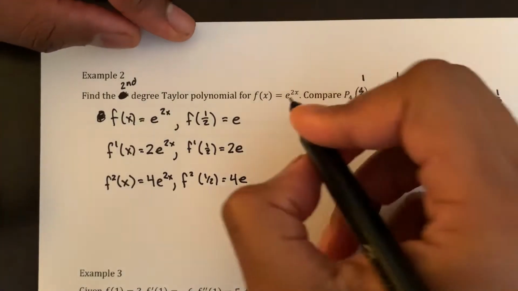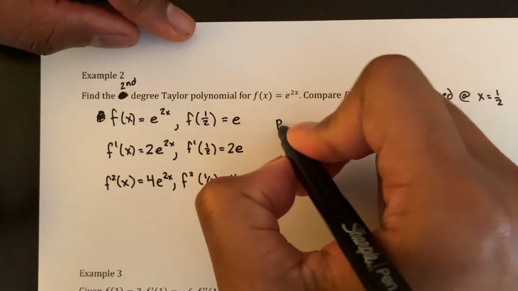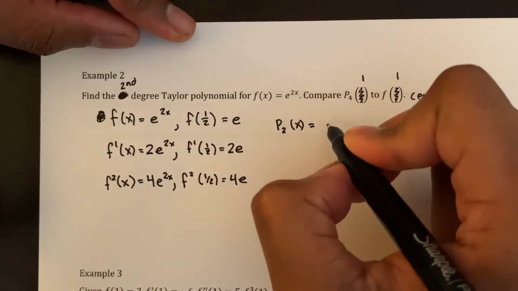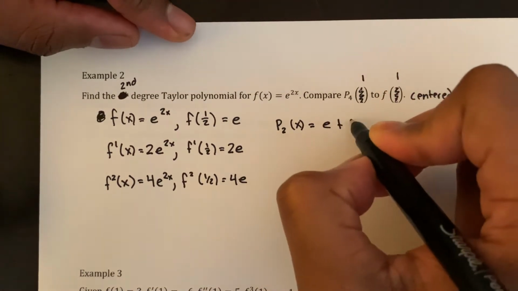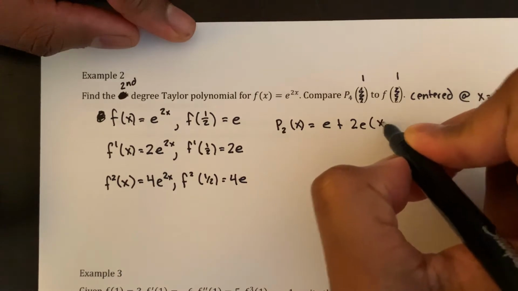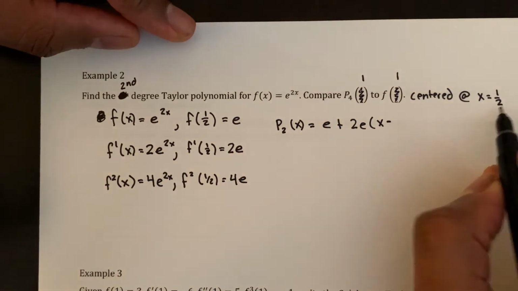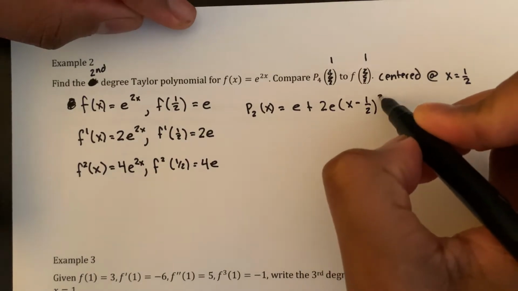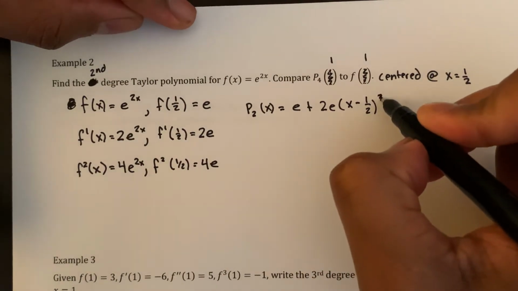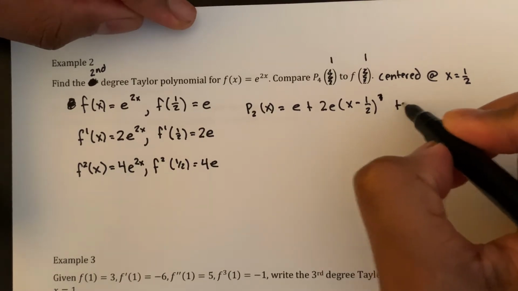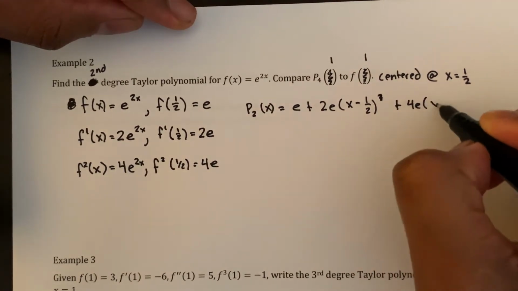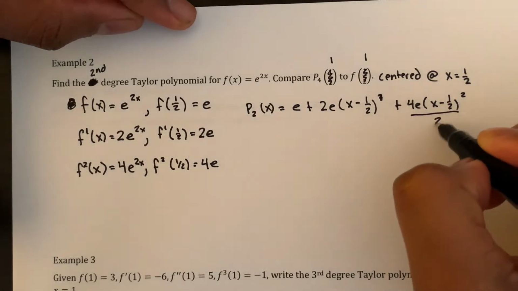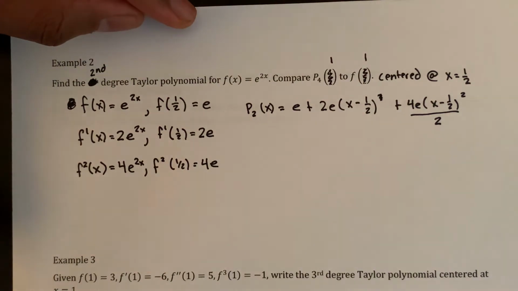So when we write our second degree Taylor polynomial, we're going to have P2 of x is equal to e plus 2e times x minus, again, x minus whatever your center value is. So x minus a half, just to the first, and then plus 4e times x minus a half squared over 2 factorial, which is just 2.